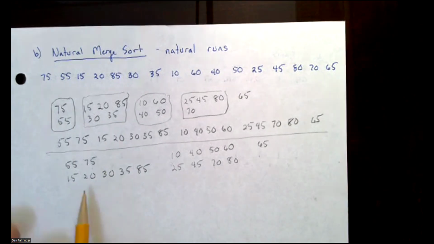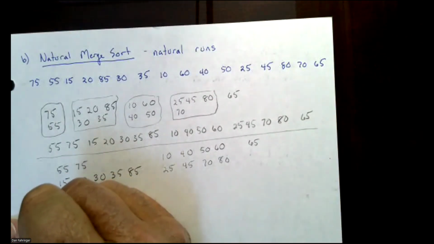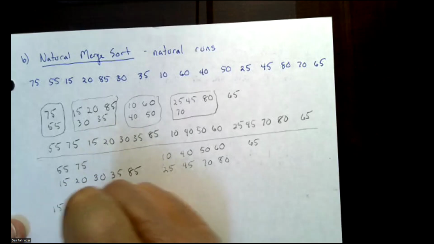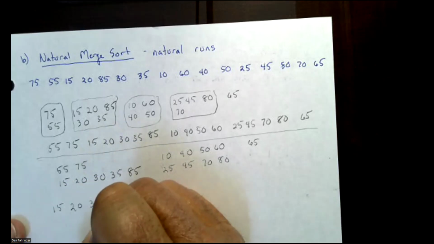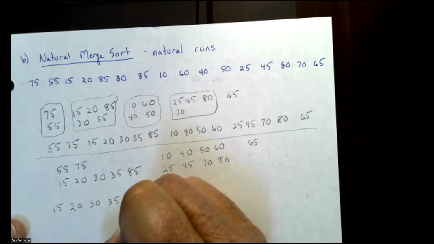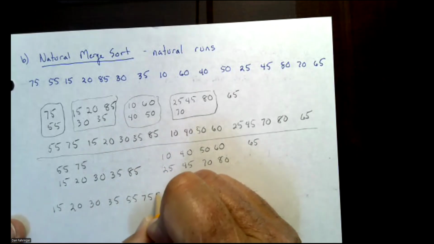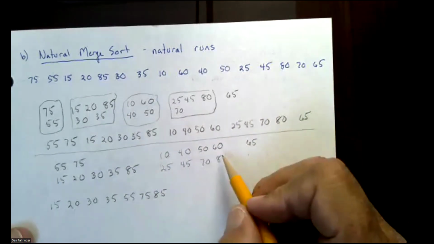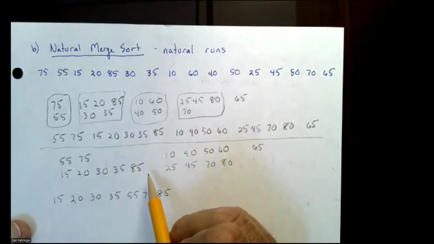Now we're doing groups again. 15, 20, nice. 30, 35, 55, 75, 85. Stop that one. I stopped that when they both ended.